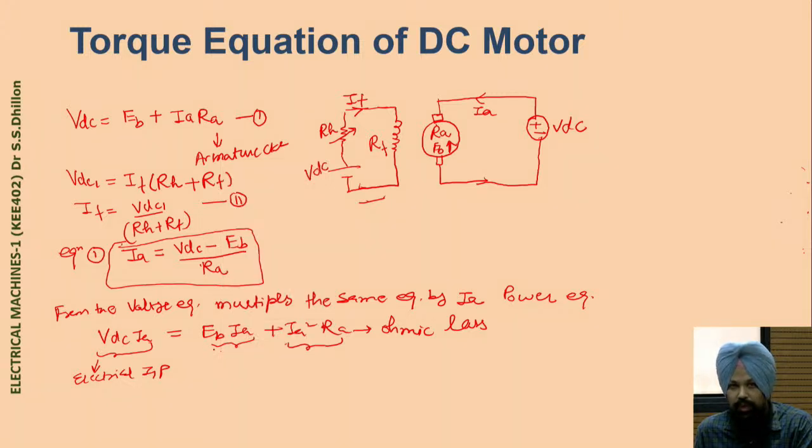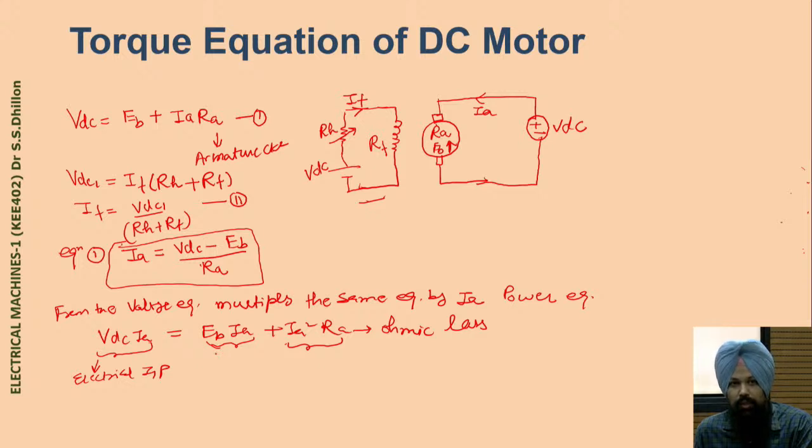It regulates the current, and we know that torque is directly proportional to flux into Ia. So when the motor picks up speed, there will be a back EMF, and that back EMF controls the armature current, and accordingly there will be control over the torque also.